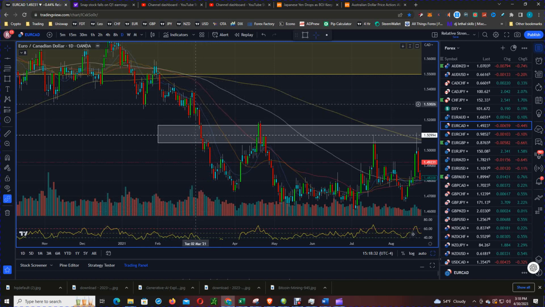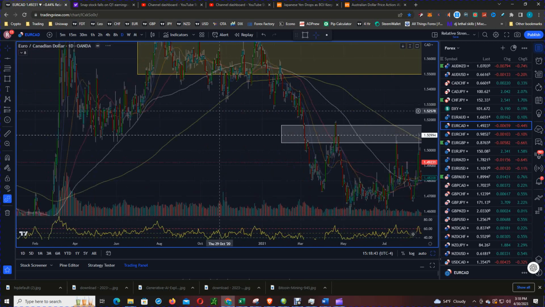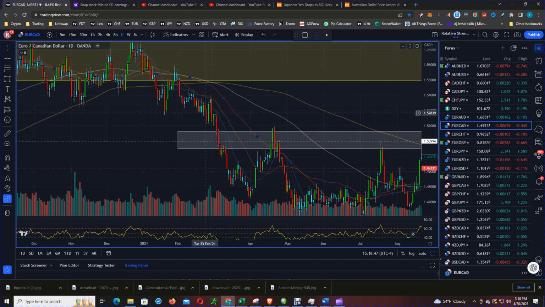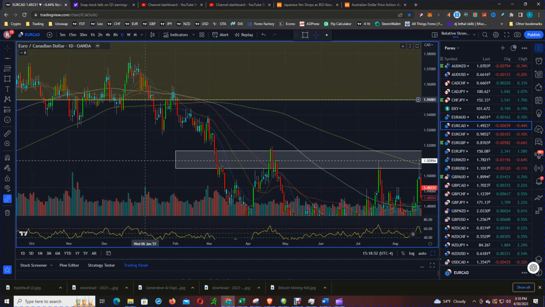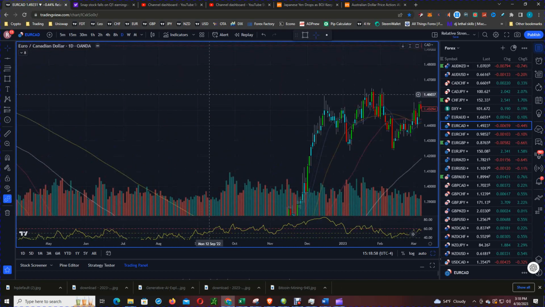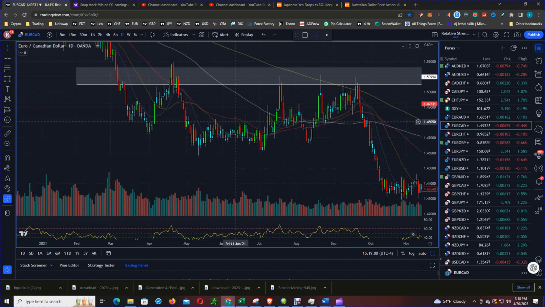This might be a level. Just want to look at volume. Okay. Actually, let's stay over this area.